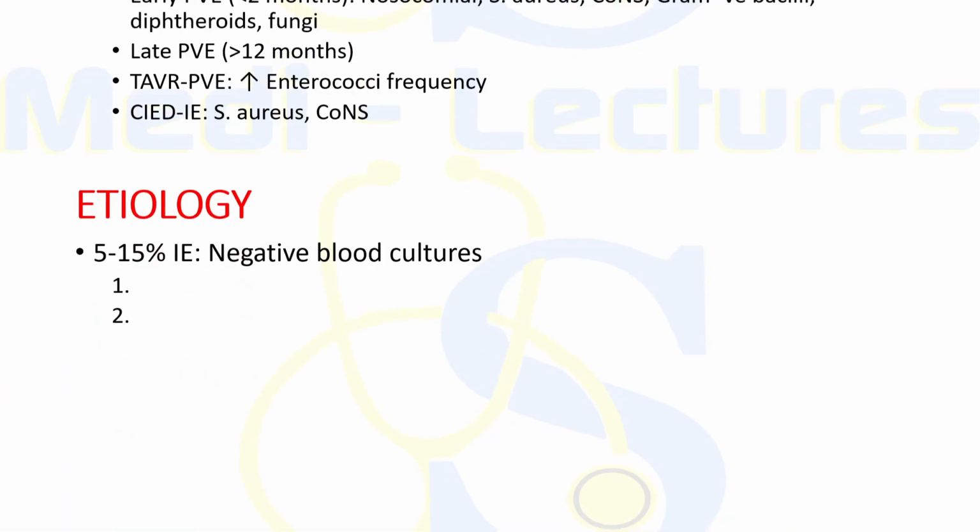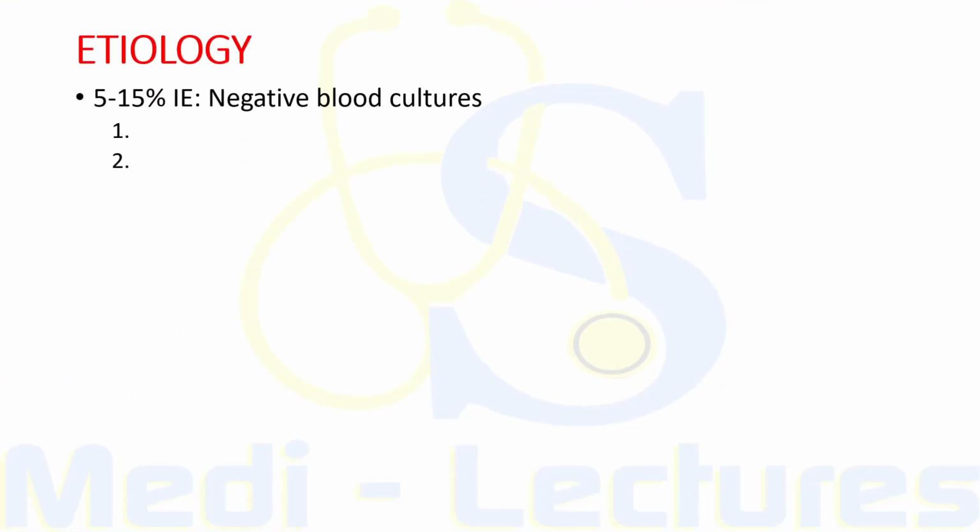Now, approximately 5 to 15% of patients of infective endocarditis have negative blood cultures, which can be due to either prior antibiotic exposure, or infection with a fastidious organism.